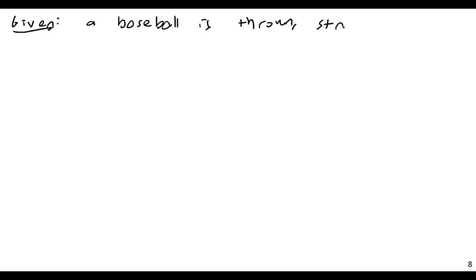So, given, a baseball is thrown, struck by a bat, and reflected. Is that the right word for that? Sure, why not? Reflected, like it's made of light. And reflected according to the following diagram, or as shown below.